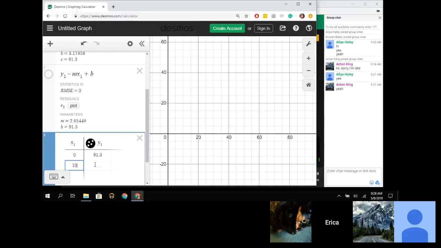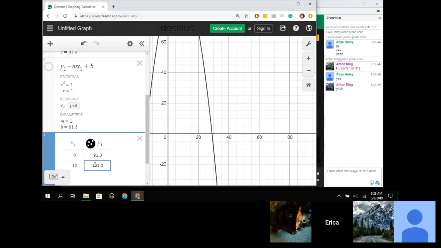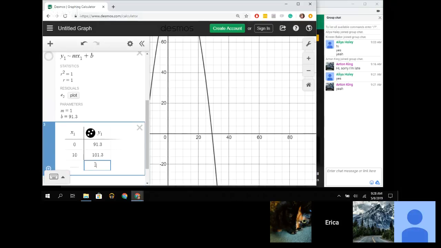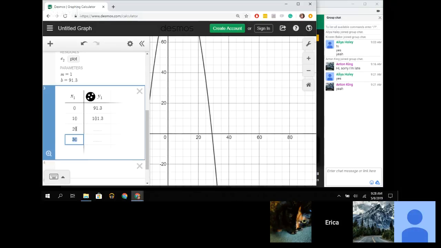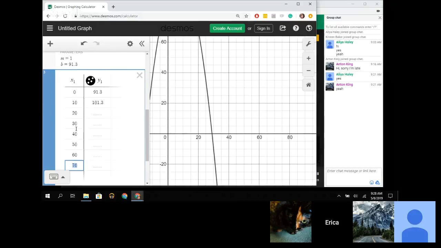In 1940, the GDP is 101.3. Okay, and then in 1950, so we're just going to go ahead and put all these values in. 0, 10, sorry, 20, 30, 40, 50, 60, 70. So X equals 70 would represent 70 years after 1930. So that's the year 2000.